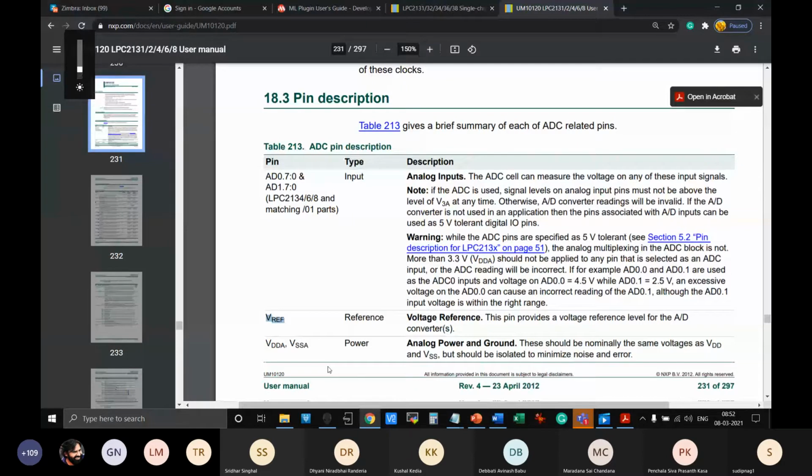Apart from that, there are separate power supply pins available, VDD-A and VSS-A. Why are these available? Because analog and digital circuits are not so straightforward to use together within a chip, especially because of noise coupling. Digital circuits make transitions from 0 to 1, 1 to 0 and so on, and there are so many digital blocks in the microcontroller.